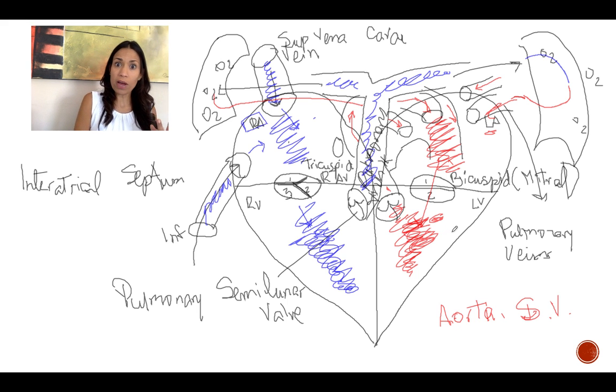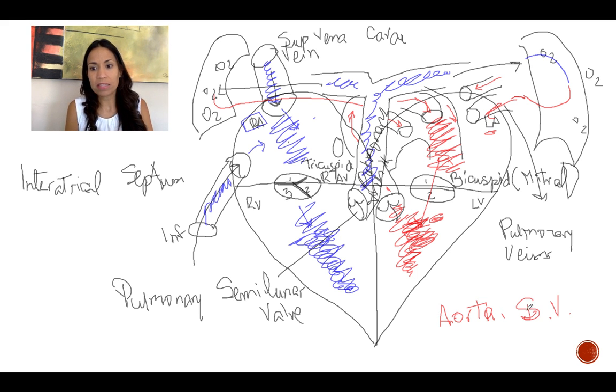But we also described two semilunar valves. The pulmonary semilunar valve is found where the right ventricle opens into the pulmonary trunk, and the aortic semilunar valve where the left ventricle opens into the aorta.